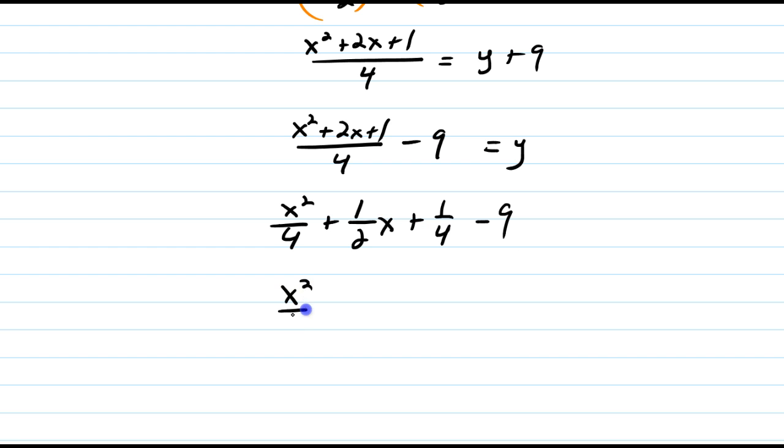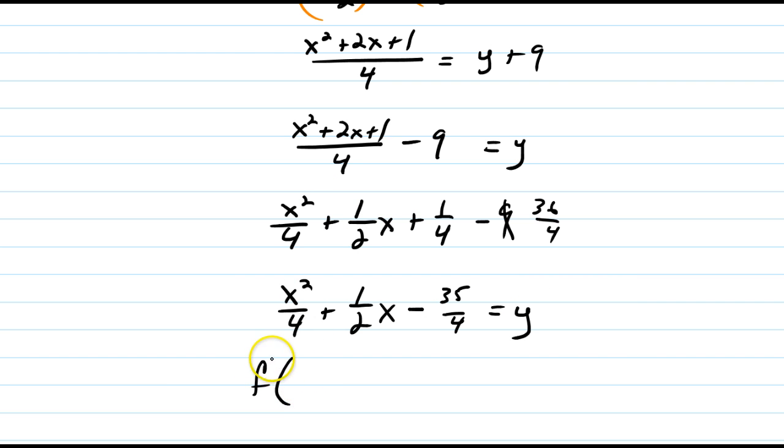And so you get x squared over 4 plus 1/2 x minus, so this would be 36 over 4, 35 over 4 is equal to y. And so that would be, if you were to graph this, you'd have a parabola, so it would pass the vertical line test. And so it is a function.